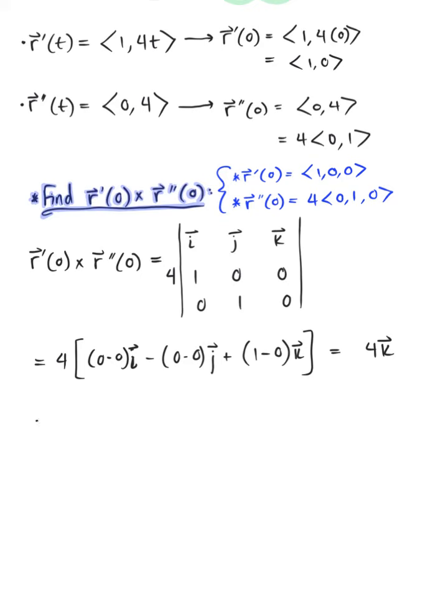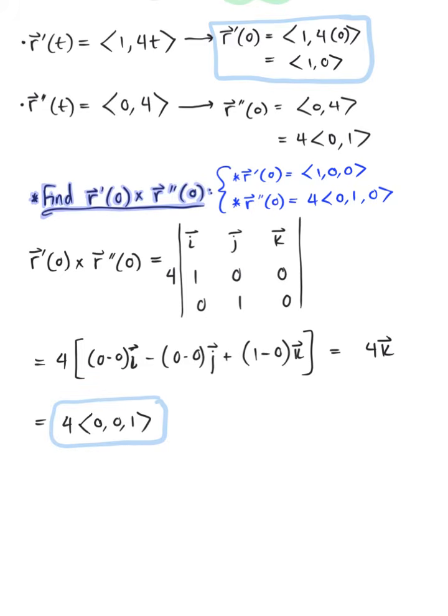Or we can rewrite this in component form: the cross product of these two vectors is the scalar multiple 4 times the vector with components 0, 0, 1. We now want to take our tangent vector evaluated at t equals 0, as well as this cross product, and find the length of these two vectors.